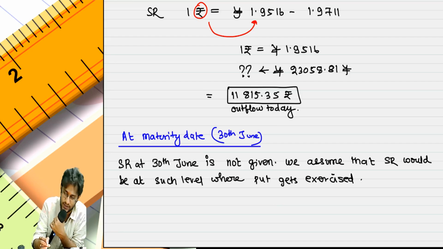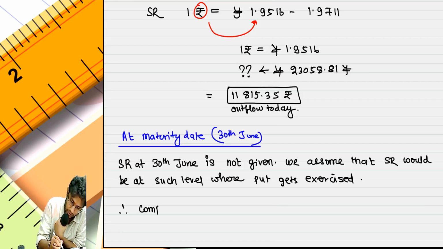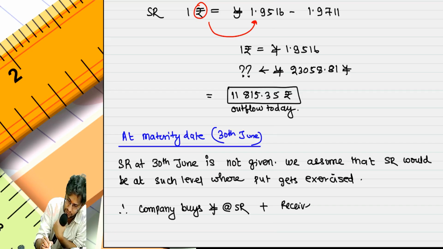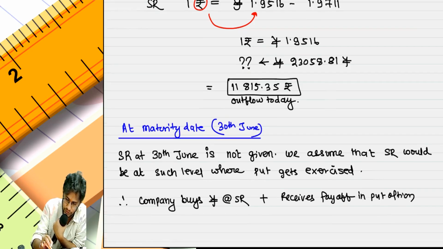Once the put is exercised, what will happen is that the company buys yen at spot rate plus receives the payoff in the put option.